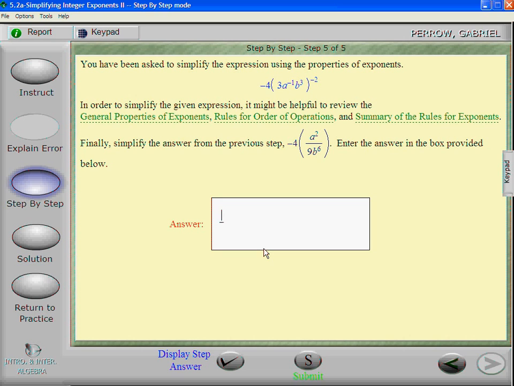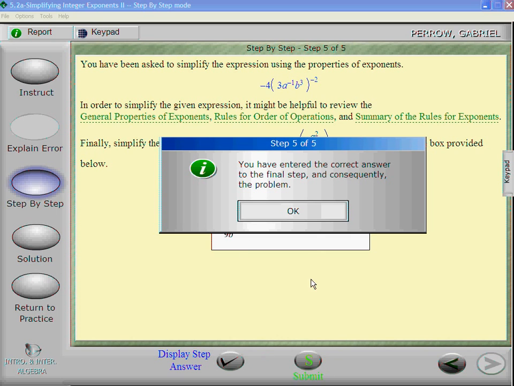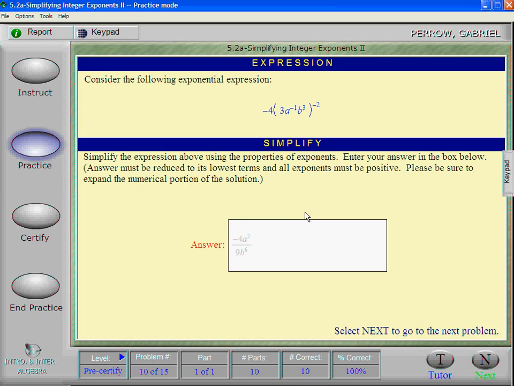The negative 4 is of course on top. When it kind of floats around in the middle like it is right there, it's technically negative 4 over 1, so remember it's technically on top, so it should naturally go up there with the a squared, and then down below still 9b to the 6th. And that's the final answer.